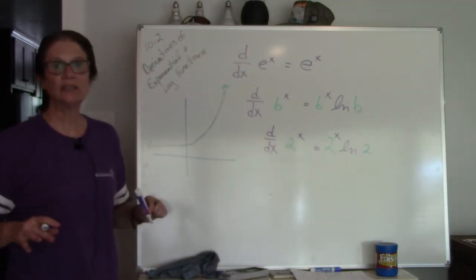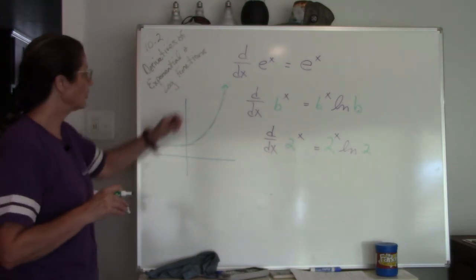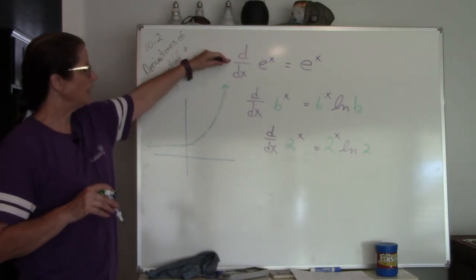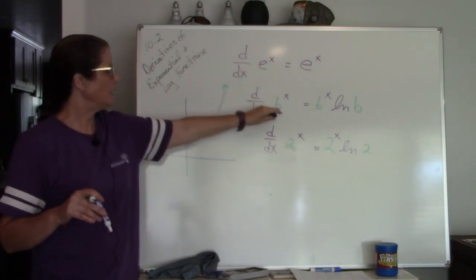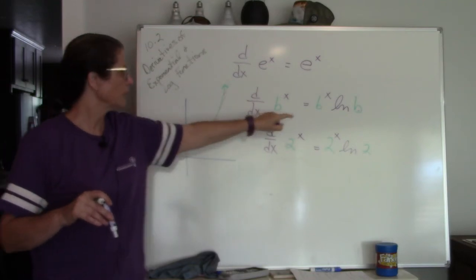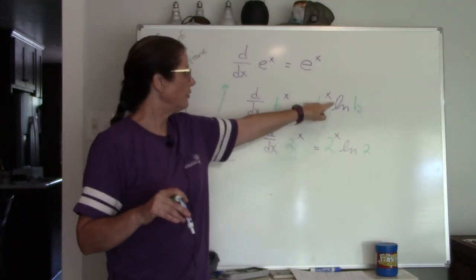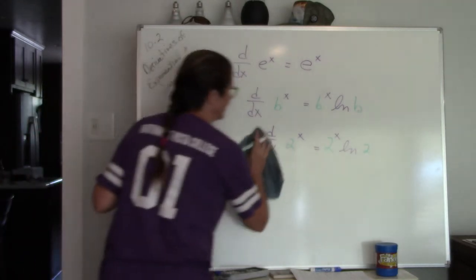And that's literally it. You just plug in the values where they belong. So the derivative of e to the x is e to the x every single time. The derivative of any base raised to the x power, so any exponential function, is the base raised to the x power times ln of the base.